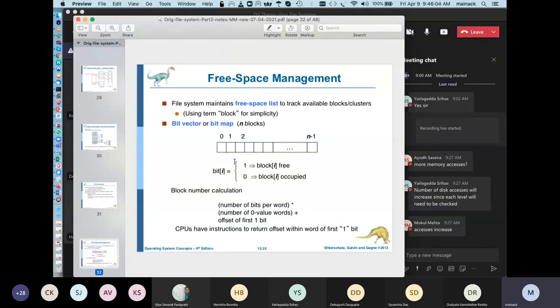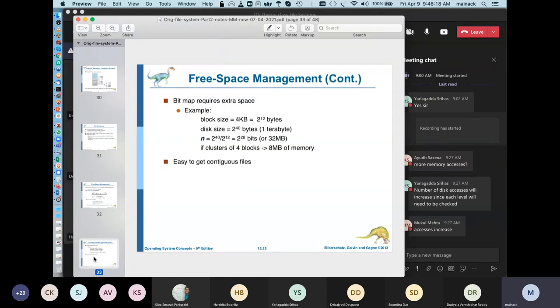Unfortunately, even after all these juggleries of words, using the special instructions to find the first bit which has value 1 and not 0 in an operating system, the bit vector is still inefficient due to space, not due to time.